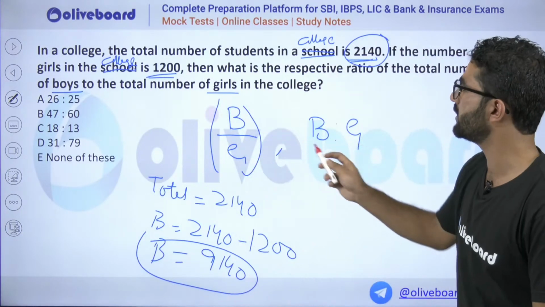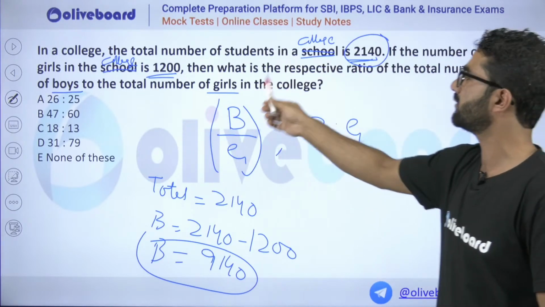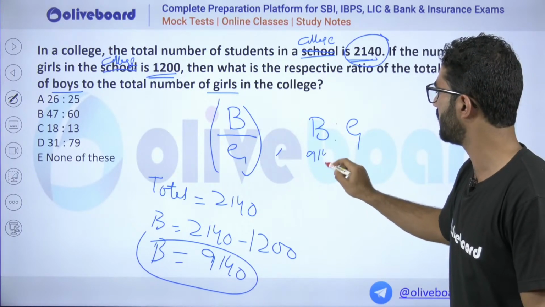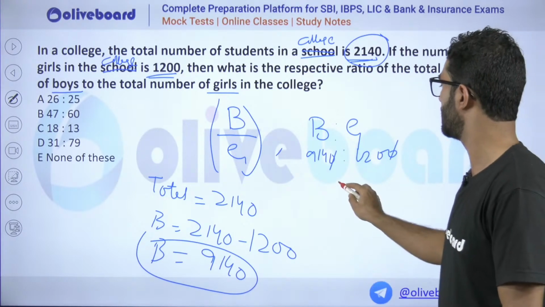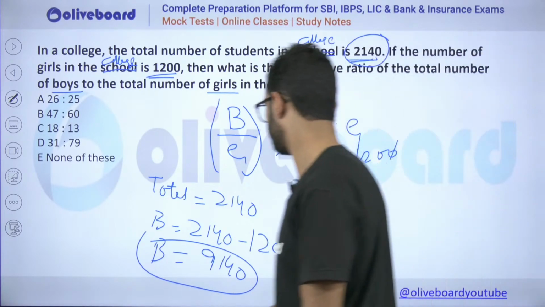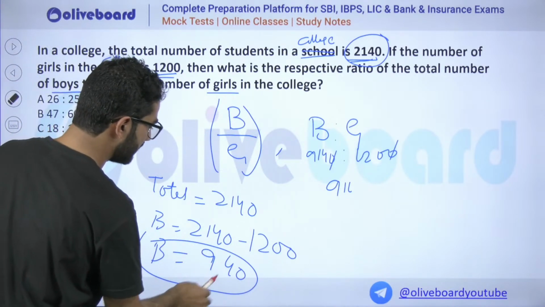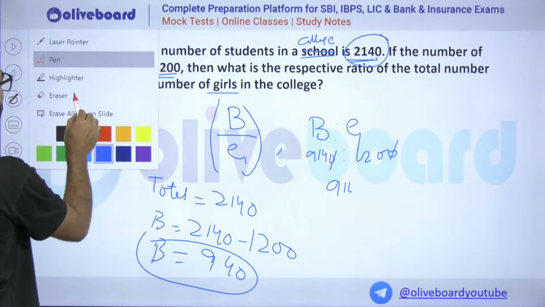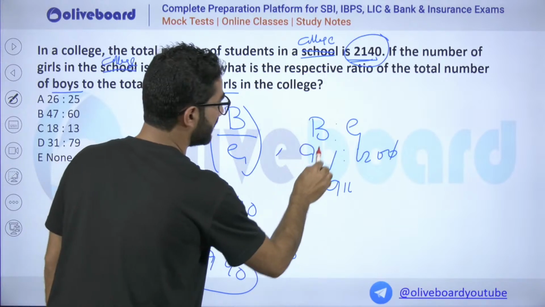Now we are going to calculate the ratio between boys to girls. Don't make mistakes; sometimes they may ask the ratio of girls to boys, depending upon the question. So boys to girls will be 940 to 1200.